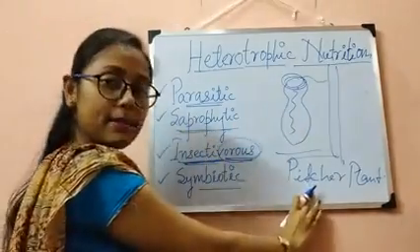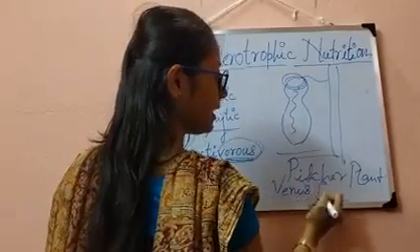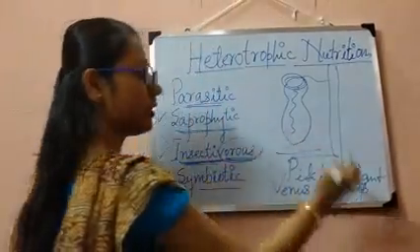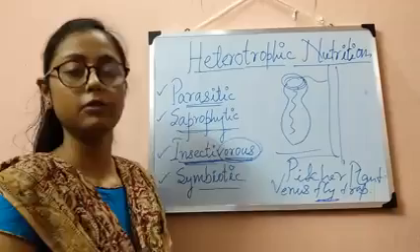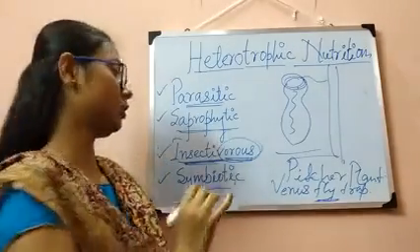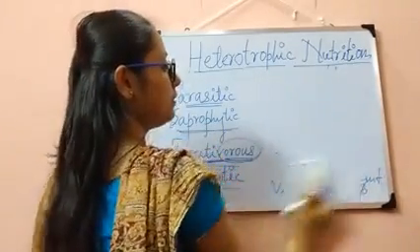This is one example, and another example is the Venus fly trap. Look at the word fly. That means this plant traps flies for its food, the proteinaceous source of food. So this is the third type of heterotrophic mode of nutrition.